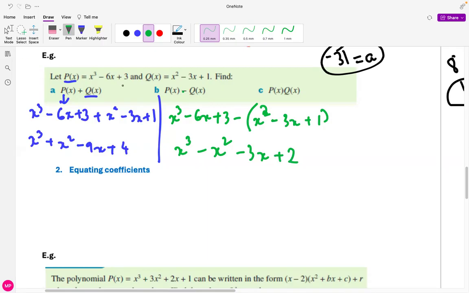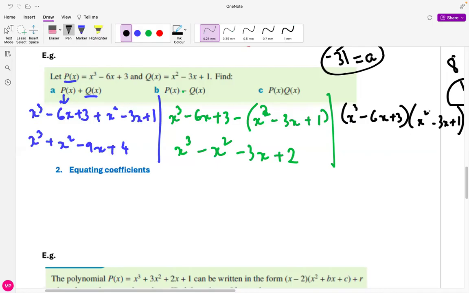Right. And for c, p of x times q of x, so they want you to times together. So you can write x cubed minus 6x plus 3 times x squared minus 3x plus 1. And just like before, you can just expand them out and then collect like terms and simplify them. So I'm not going to do this, but to expand, you can do it like this.